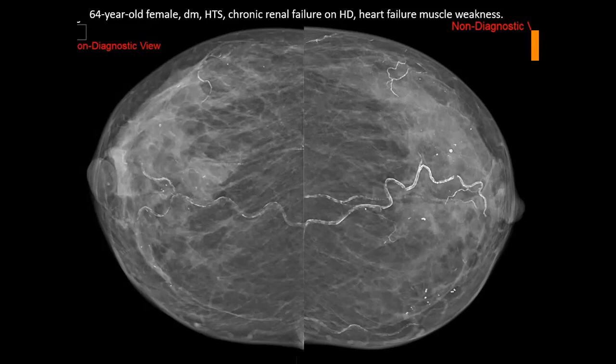What else? So now you can also say skin thickening on the right side, more than the left. So the breast and skin edema are more on the right side.